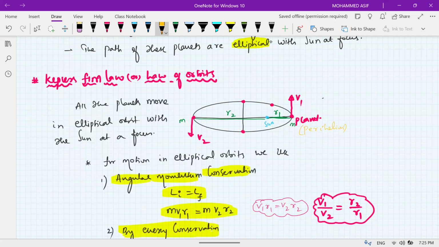If it is larger, this distance is known as aphelion. And from here to here, A will be called the semi-major axis, and B will be called the semi-minor axis. So from here to here, I'm taking this as A. Done, madam?